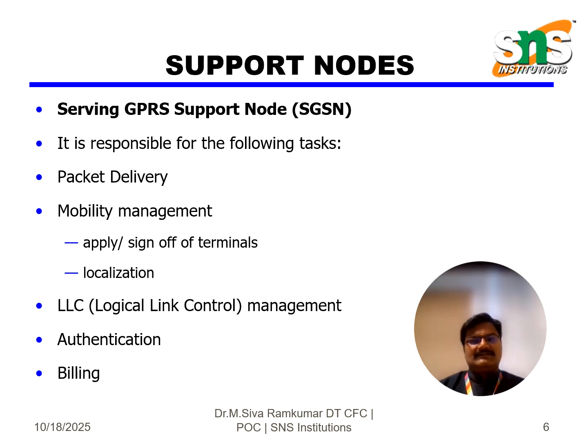It also manages the logical link control, LLC, ensuring the data is transmitted reliably while performing the authentication and billing functions. In short, SGSN acts as the main controller for the user's mobility, data integrity, and secure connectivity in the GPRS system.